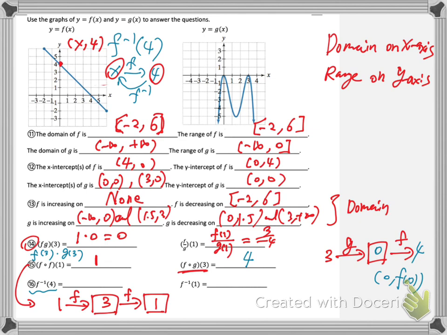So which one is (x, 4)? This one, right? So x is 0. So f sends 0 to 4, and f inverse sends 4 back to 0. This picture is important. So f inverse of 4 is 0.